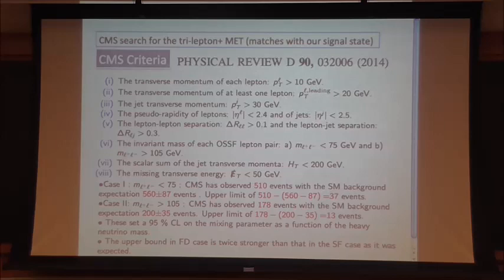After we get the trilepton and missing energy event, we use the CMS search for anomalous multilepton processes, where they studied the trilepton and the four-lepton processes separately with some missing energy.